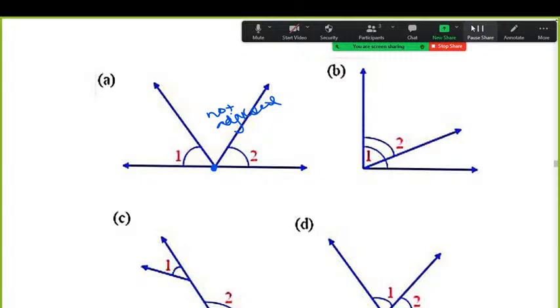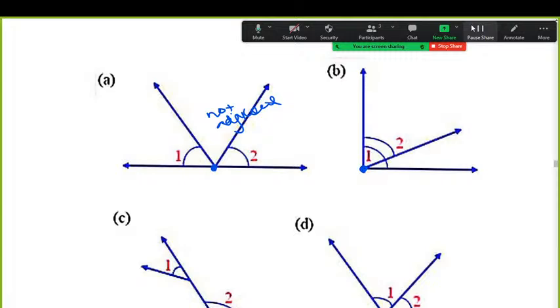Do you think 1 and 2 are adjacent? Think of this. Okay, wait. To figure out if an angle is adjacent, it has to have a common vertex, and it has to have one side common. One vertex should be, and they shouldn't be interior to each other.